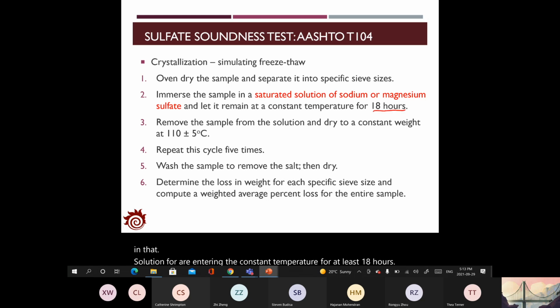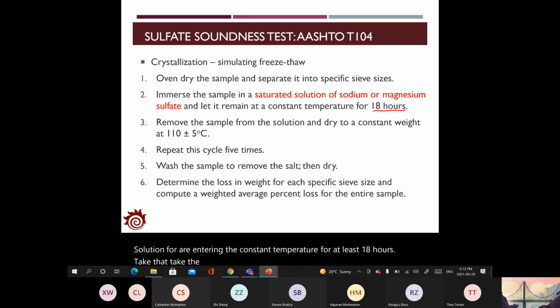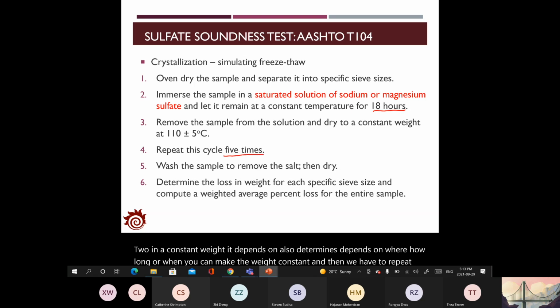Then take the materials out of the solution and dry them in the oven to a constant weight. The timing depends on how long it takes to make the weight constant, and then you have to repeat this cycle 5 times.